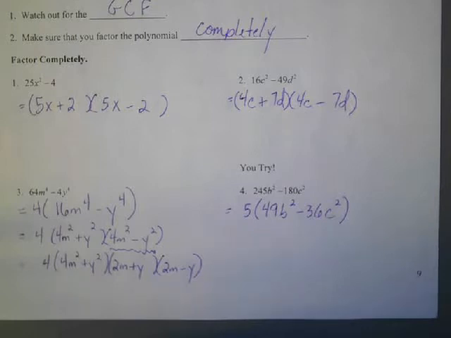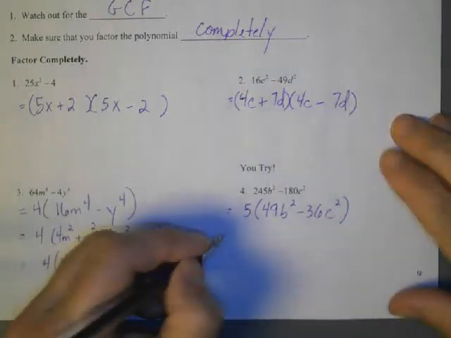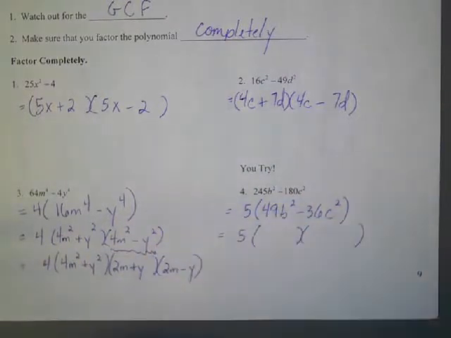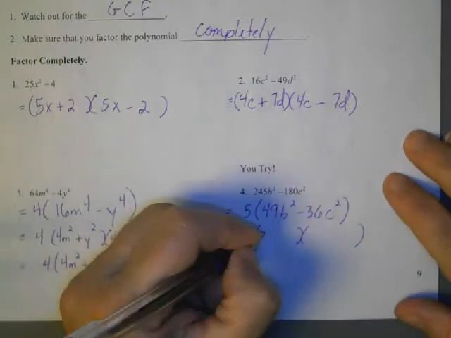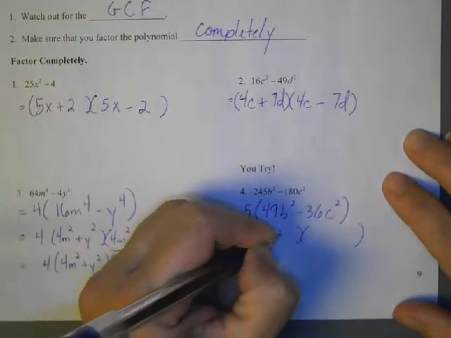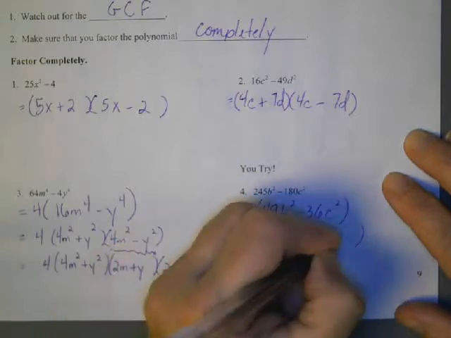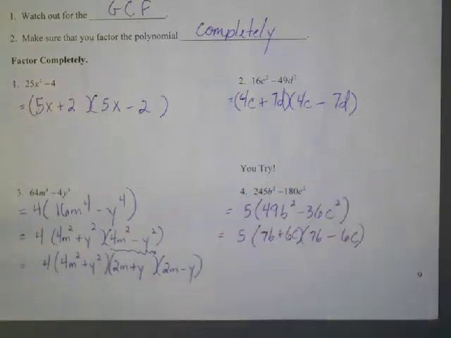You would ask yourself, are the numbers perfect squares and are the powers even? I would say yes. So I'm going to factor this. Notice everything in my parentheses is identical except one's plus and one's minus.